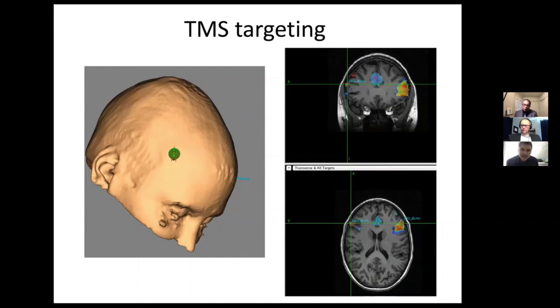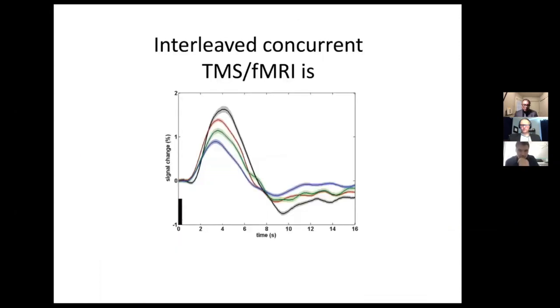You can move the TMS coil around on the scalp and know what underlying brain area you're stimulating. So that offers a lot of fun possibilities for trying to map functions and modulate them with individual participants.